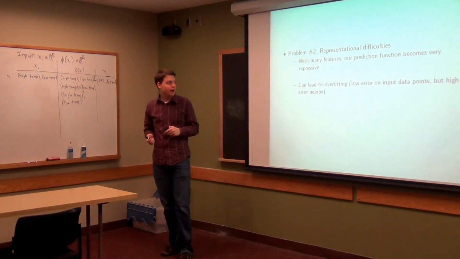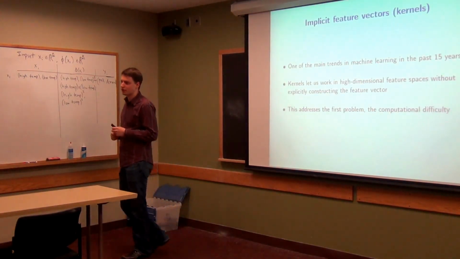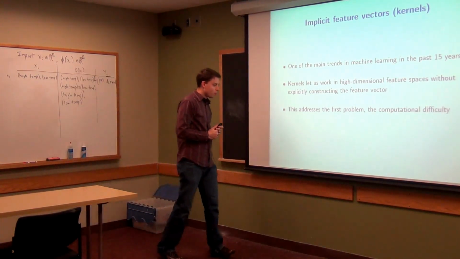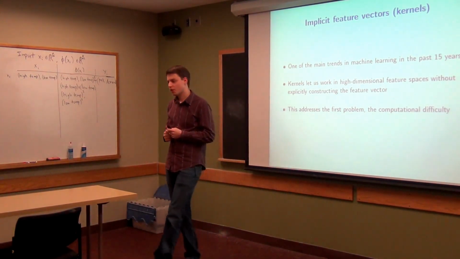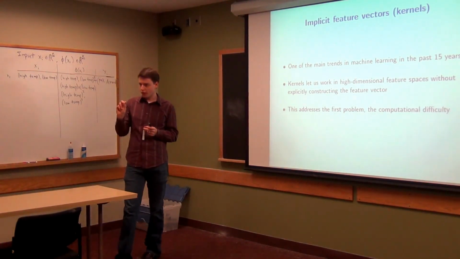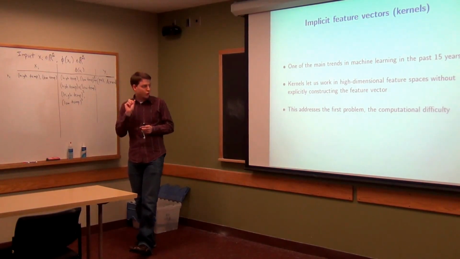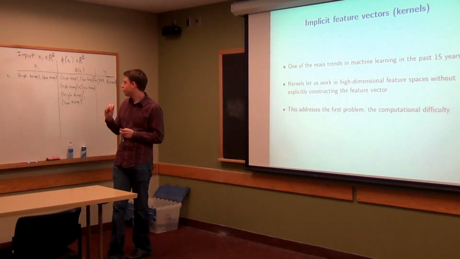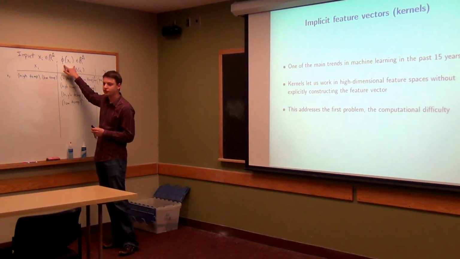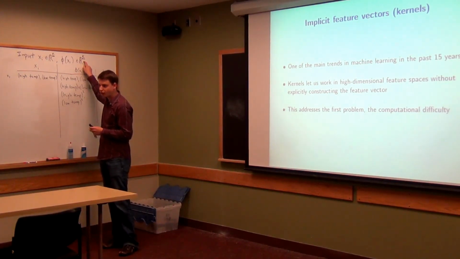OK, so now let's talk about these kernels and what these are. It's important to understand that kernels address the first of those two difficulties with high-dimensional features, the computational problem. What kernels allow us to do is to implicitly work with very high-dimensional features, very high values of k here, without ever actually constructing them.